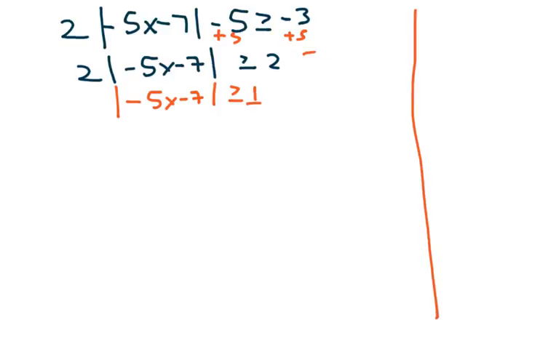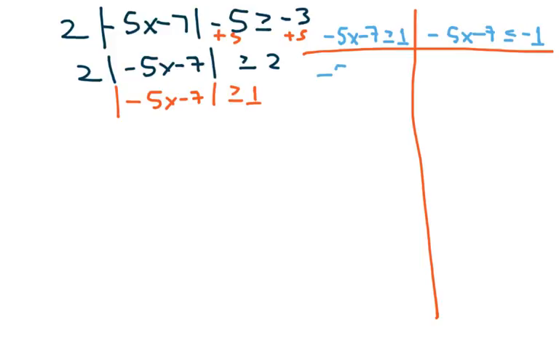So I'm going to copy this side down: negative 5x minus 7 is greater than or equal to 1. However, on this side, I'm going to flip the sign and switch the 1 to a negative 1, because it was positive. I'm going to add 7 to both sides, and then divide both sides by negative 5. That means you have to flip the sign.